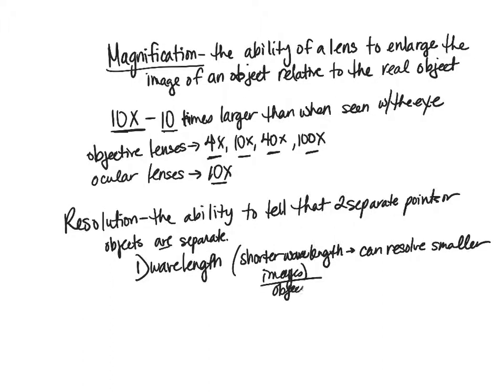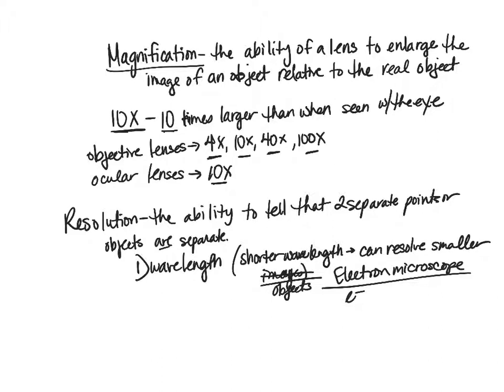So for example, if we have an electron microscope, we'll talk about in more detail, but an electron microscope utilizes electron beams. So it's shooting beams of electrons at the object that you're trying to look at. And our electrons have a very short wavelength.